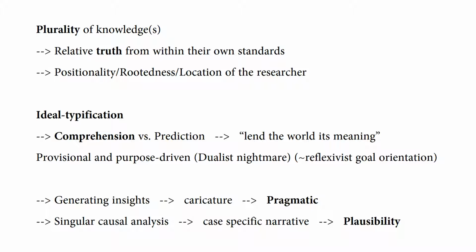Also, reflexivists pick up on this goal orientation, but in a very different way. So if you want to know more about that, jump to the video on reflexivism. But still, we can see that both these monist methodologies have a certain orientation towards more or less pragmatic ends.